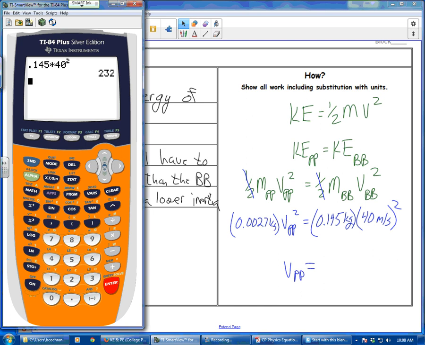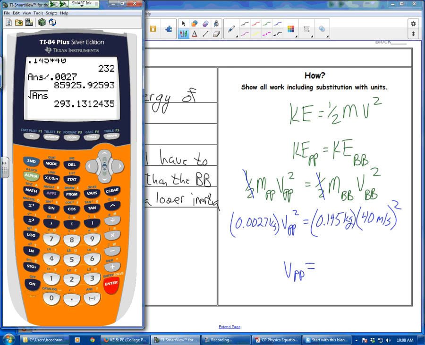Because 145 grams converted to kilograms would be 0.145, move it over 3 places. And then I would divide that by the inertia of my ping pong ball. And then that's v squared, but I want v. It should end up 293 meters per second.